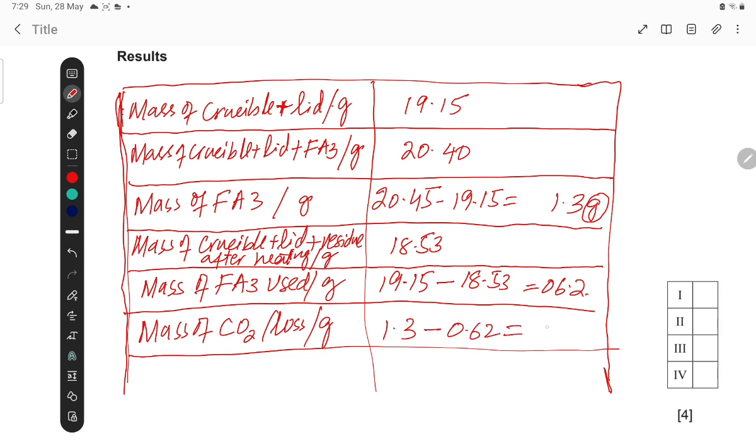So this is equal to 0.68. This is the mass of carbon dioxide.